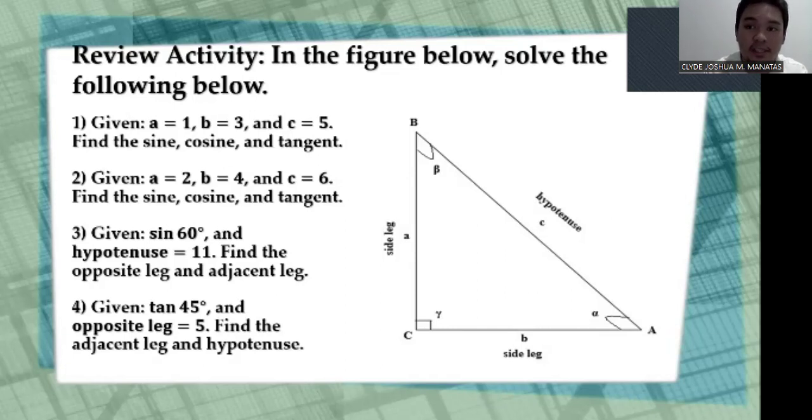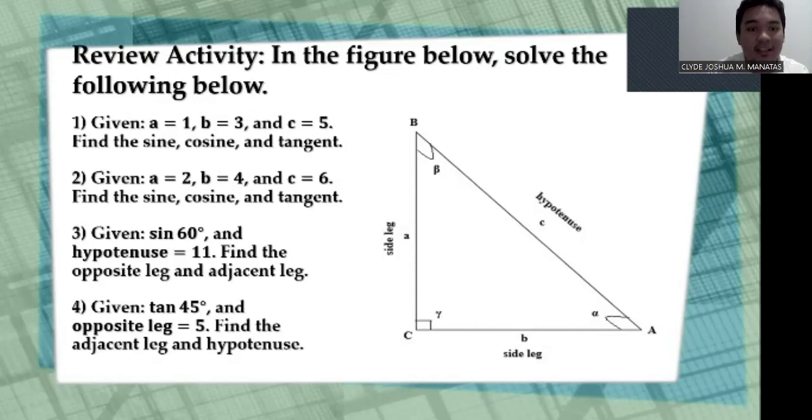It's 4 over 6, but we can simplify it as 2 over 3. Lastly, tangent. Very good. It's 2 over 4, or we can simplify it as 1 over 2. Okay, so next, number 3.